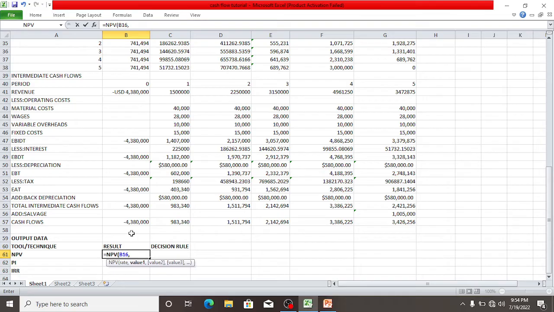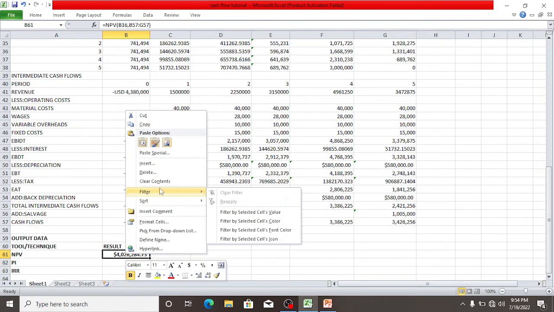Then I'm going to highlight from 0, the cash outflow, up to year 5, the life of the project. Hope I'm clear. And then after, I'm going to close the bracket. Press enter. So this is the result or the value.